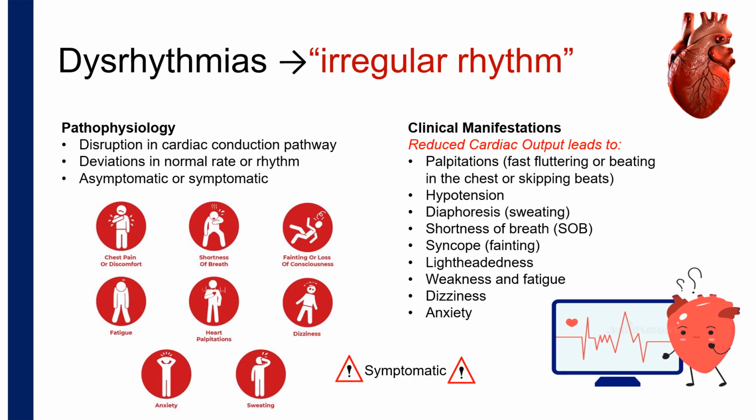These signs and symptoms include palpitations, hypotension, diaphoresis, shortness of breath, syncope or even near syncope, lightheadedness, weakness and fatigue, dizziness, and anxiety. So if a patient has a dysrhythmia plus any of these signs and symptoms, they need to be treated urgently.